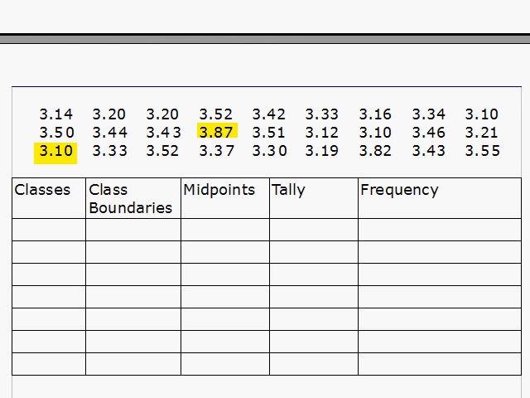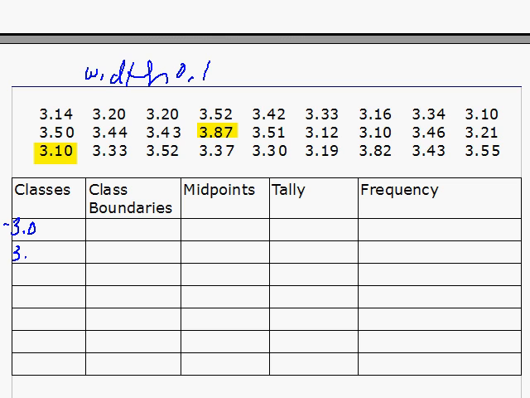What I'm going to choose here is some classes. Let's have them be of width 0.1. I'm going to start at 3.0. And the width is the difference between the first numbers of each class.